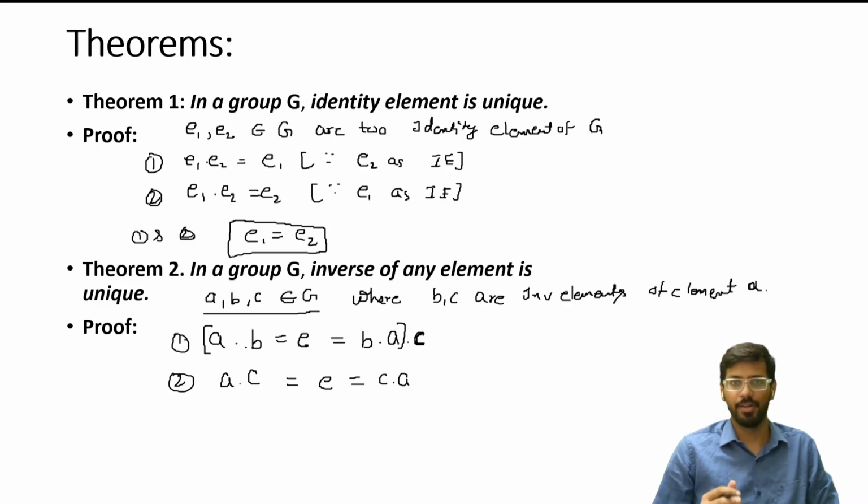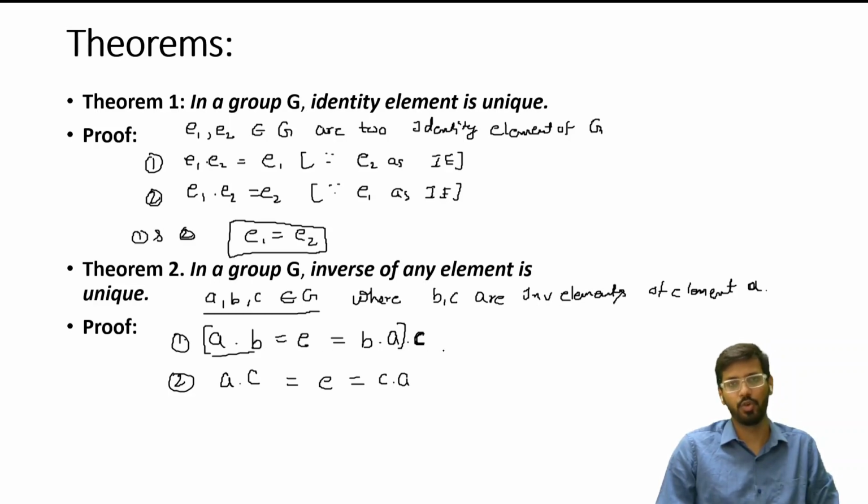Okay, if we first multiply this first equation by C, we can multiply because if A and B are two elements of a group, then A dot B should belong to same group G by closure property. Now, if A dot B is an element of group G, and C is also an element of group G, then we can multiply AB and C by closure property.